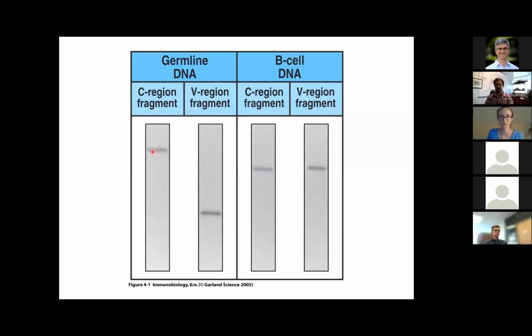And the thing was that if you looked across different humans, for most genes, these size fragments would show up the same on these Southern blots. So between humans, that was often the case. And within humans, it was definitely the case if you looked across different cell types that all of their DNA was organized in the same way.